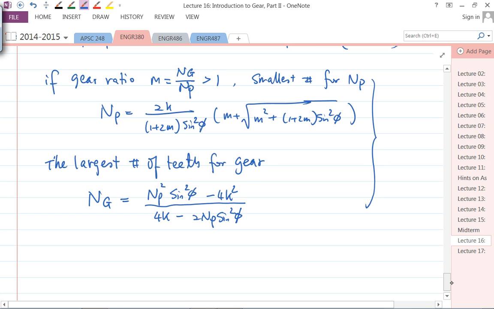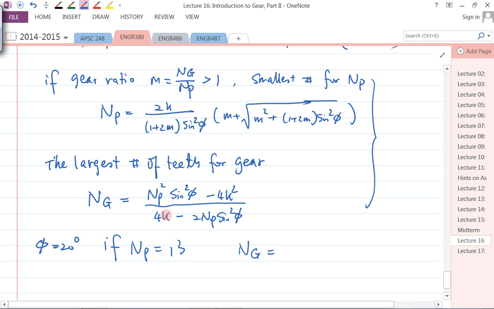So let's say, for example, if phi equal to 20 degree, and let's say I set NP equal to 13, okay, 13 teeth. If NP is 13 teeth, then the NG can be calculated using this formula, right?